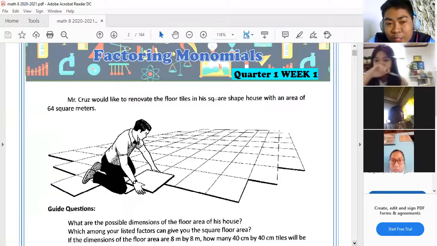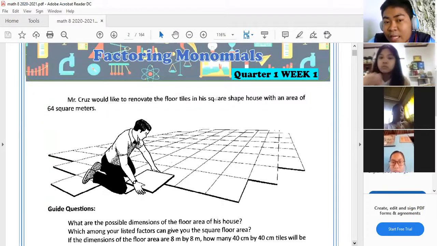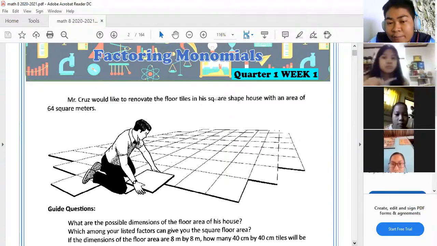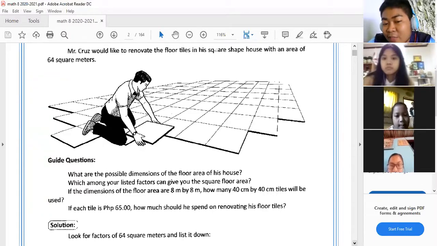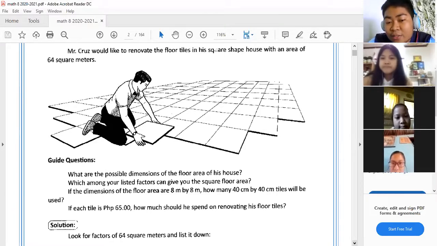So we have here Mr. Cruz, who would like to renovate the floor tiles in his square-shaped house with an area of 64 square meters. These are the questions. What is the possible dimension of the floor area of his house? Which among your listed factors can give you the square floor area?